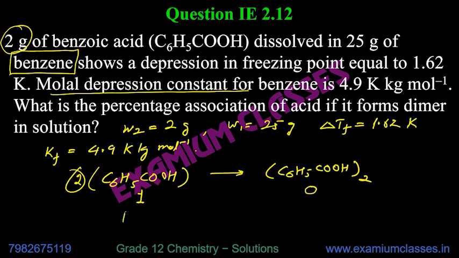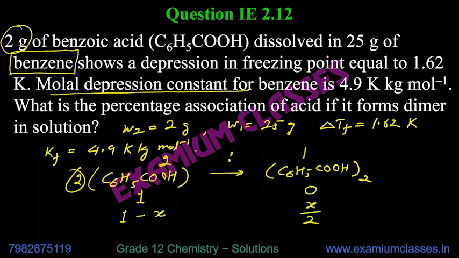But suppose in one mole, X is dimerized, X part is dimerized. So what is the ratio? Two molecules dimerize to produce one molecule. It means X, when it is used, will produce half of it, X by 2. Up to here, it should be very clear.